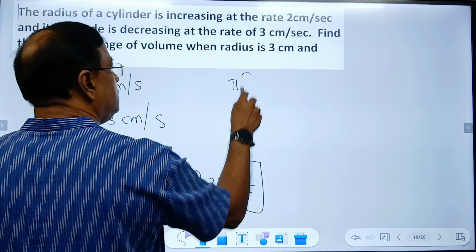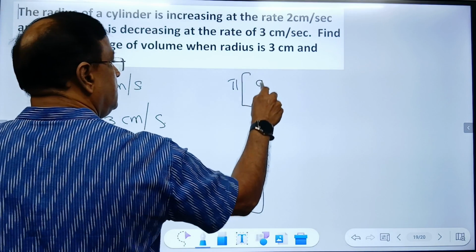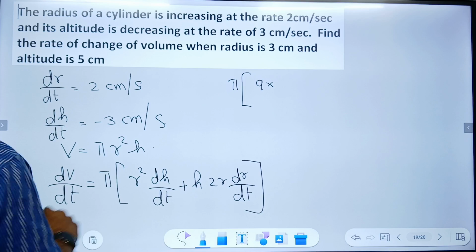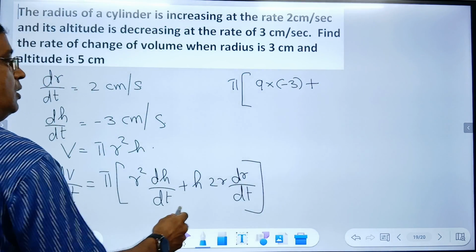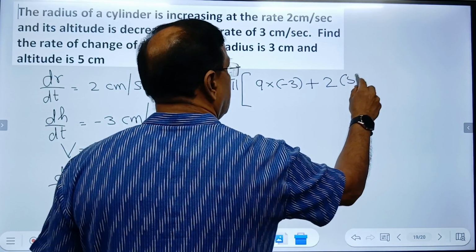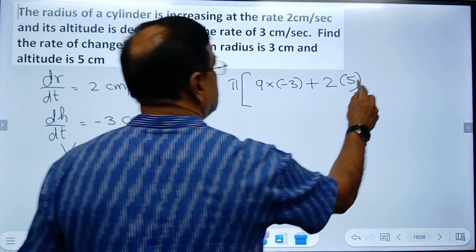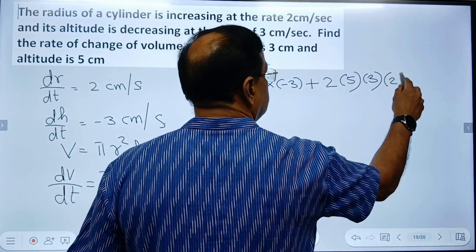Pi into, what is r square? The radius is 3, so it is 9. And what is dh by dt? dh by dt is minus 3, plus 2 into, what is the height? Height is 5. And what is the radius? Radius is 3. And what is dr by dt? dr by dt is 2.